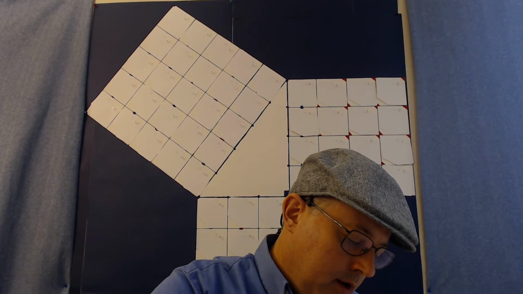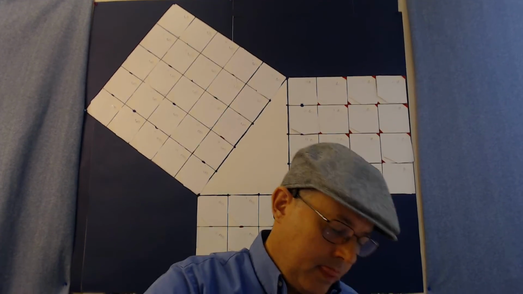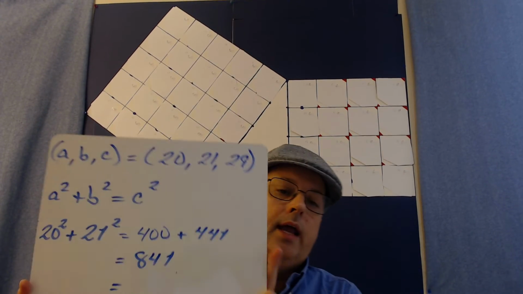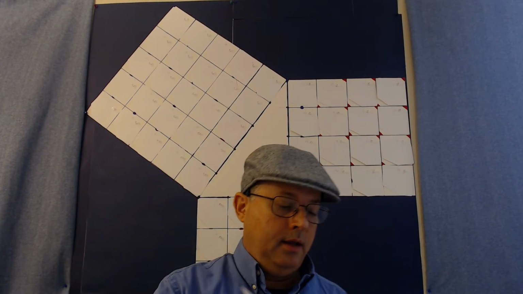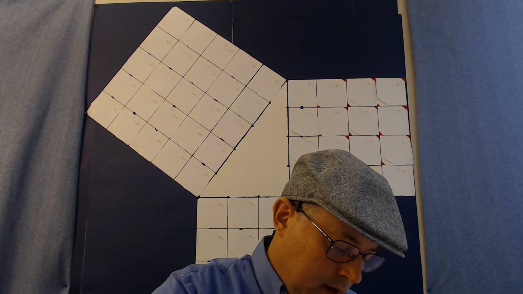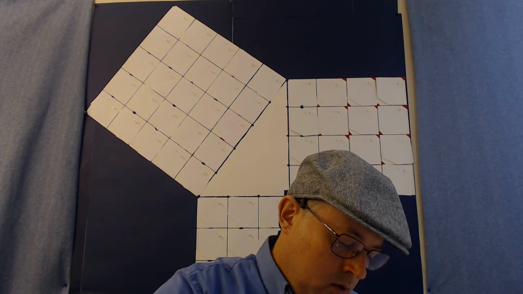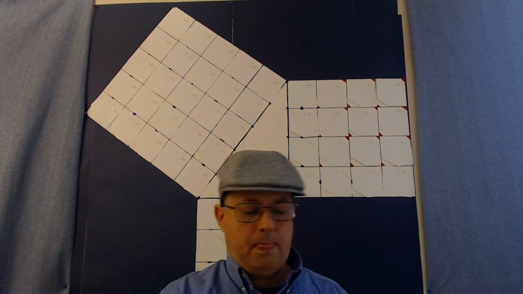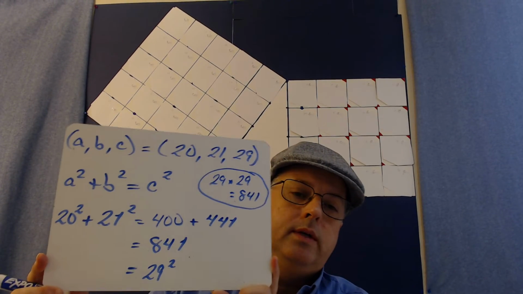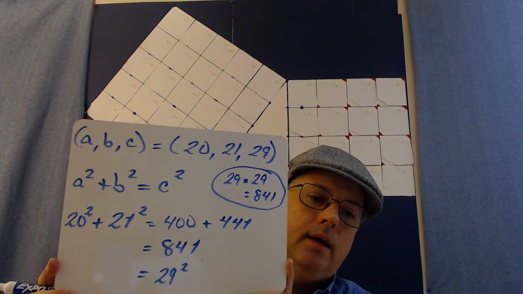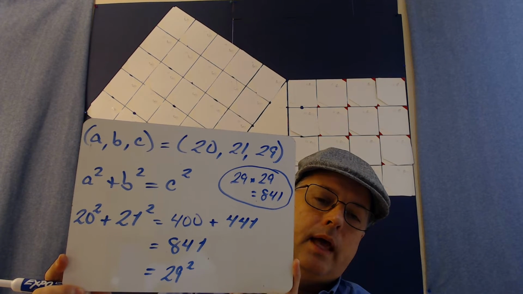If we add those values together, we get 841. And 841 is 29 squared. If you multiply 29 times 29, that gives you 841. And so 20, 21, 29 is another Pythagorean triple.